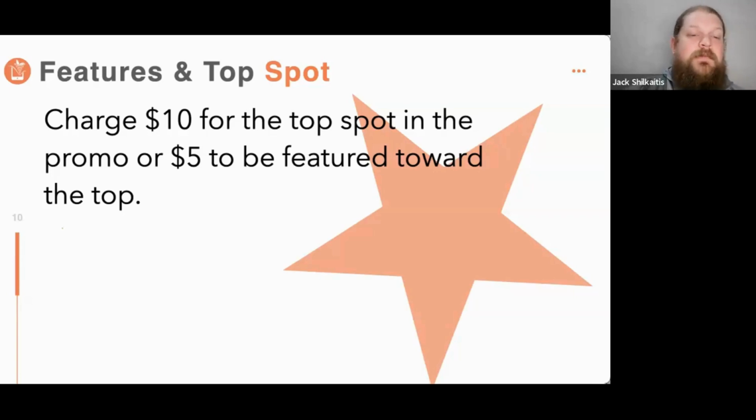They don't have to, but they have the option to do it, and some will spring for it. And they will probably benefit from it a little bit more because they're going to be at the top of the promo. But at the same time, everybody else is still going to get a boost from it as well. So it's still helping everybody, but that author is probably going to get a few extra little perks from it. So that would be a good thing to do.